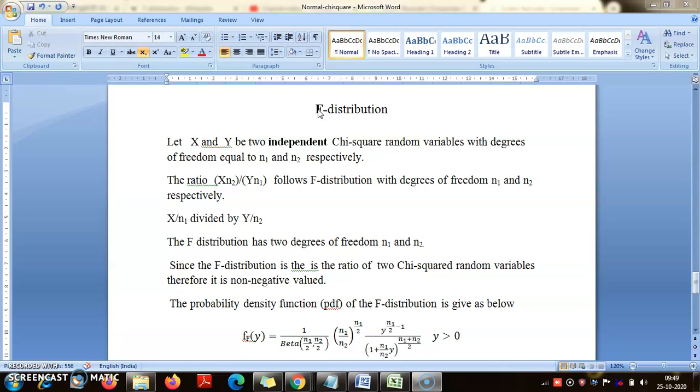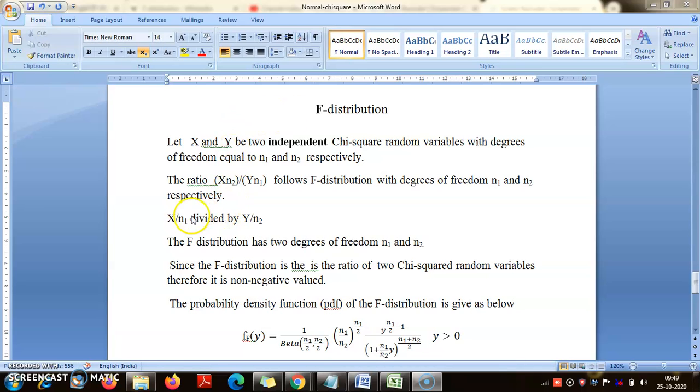We all know chi-square distribution by now. I hope you have gone through the introduction to chi-square distribution, both the lecture note and the video that I have uploaded. So I have got two independent chi-square random variables. Both of them are non-negative valued continuous random variables. I take their ratio.